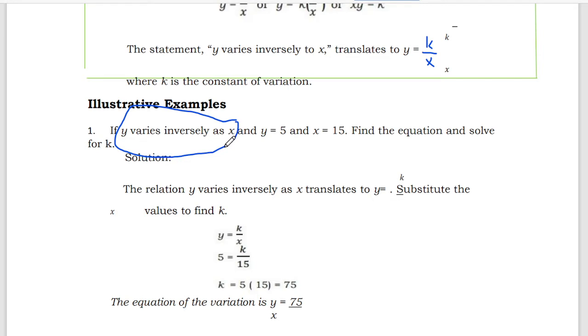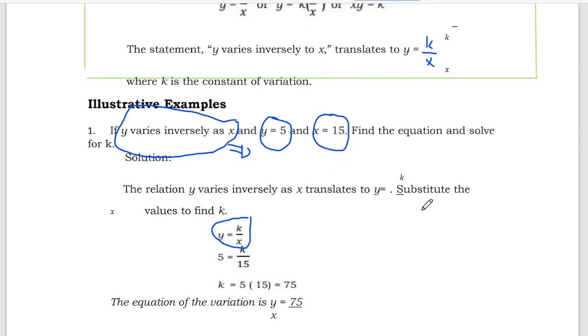Based from here, you can formulate an equation, y varies inversely as x, which is written in this form. But then our y is given. Your y is 5 and your x is 15.